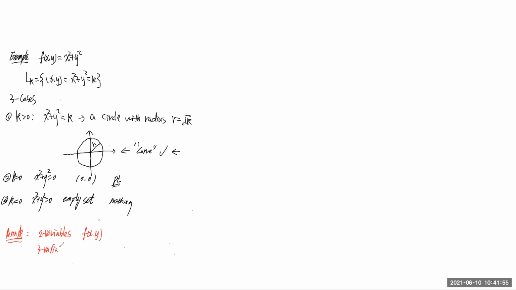I talked about it a little bit before, but you have to do it by yourself. f(x,y,z,w) is 4 variables. In general, if there are many variables, for example 100 variables, we don't have so many letters like alpha, beta. In general, people will write f(x1, x2, x3, x4, ..., xn), n variables.